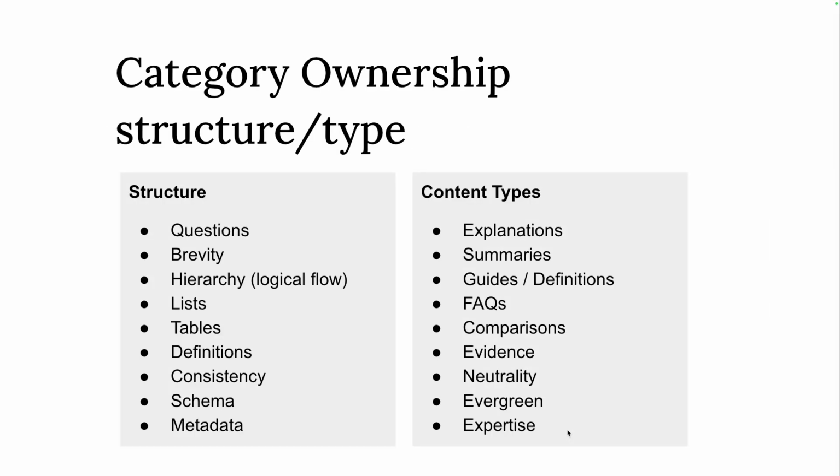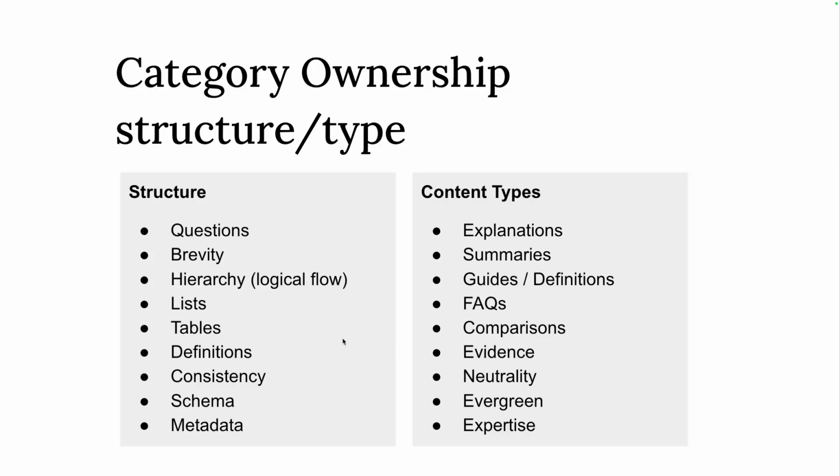Bear in mind the following structures and content types. LLMs love questions and answers, brevity, hierarchy. It's a very logical system. So if you can show it some form of hierarchy and logical flow, they love that. Lists, tables, comparison tables. Combine these two, and tell a customer why they should consider you as an option for buying.